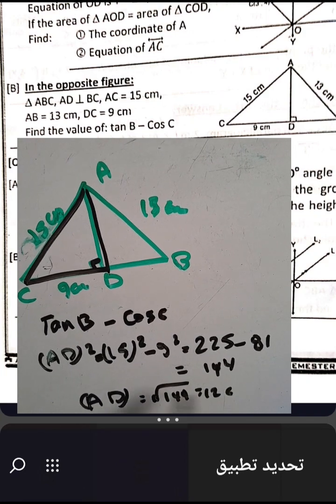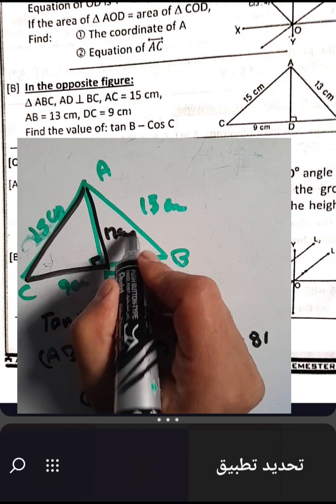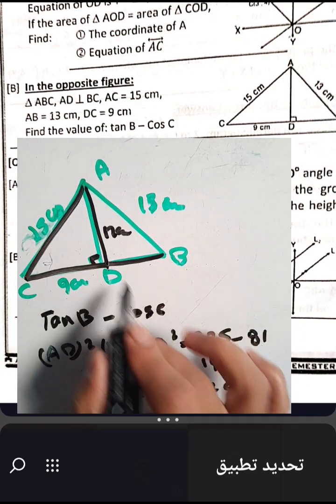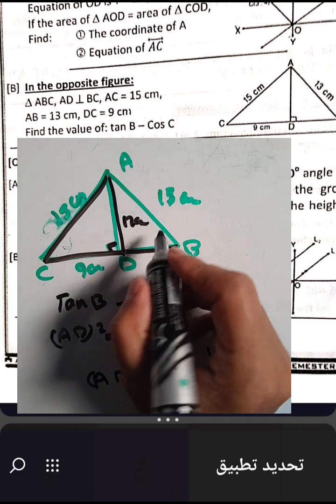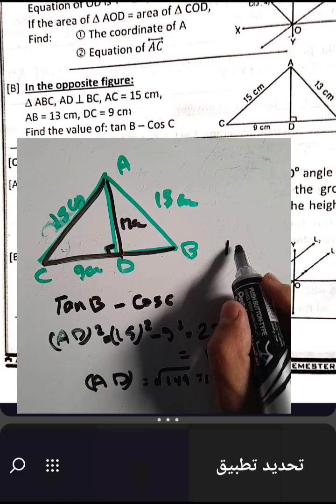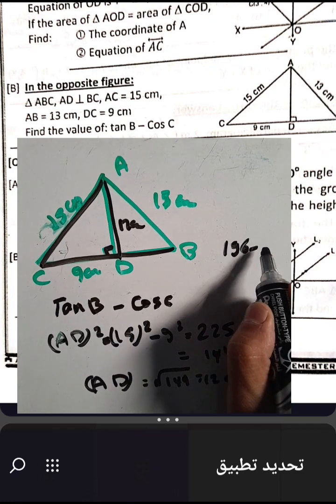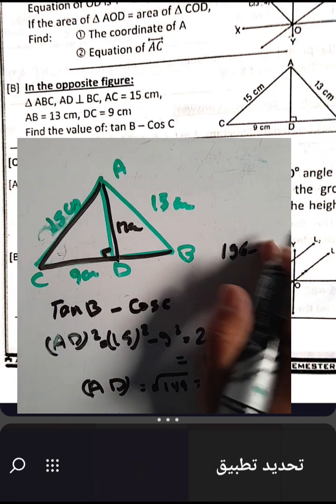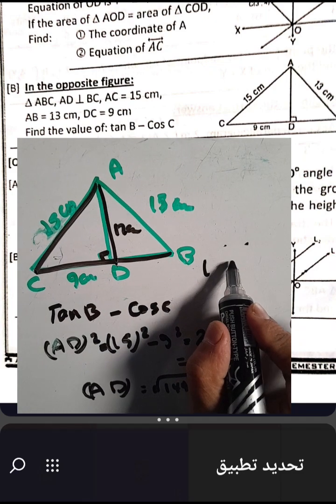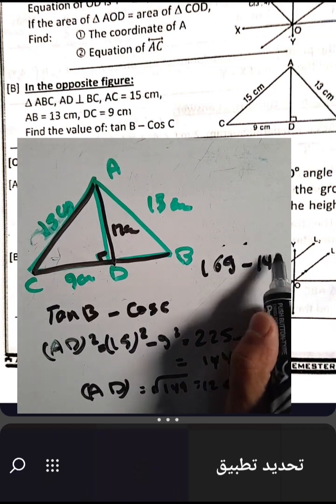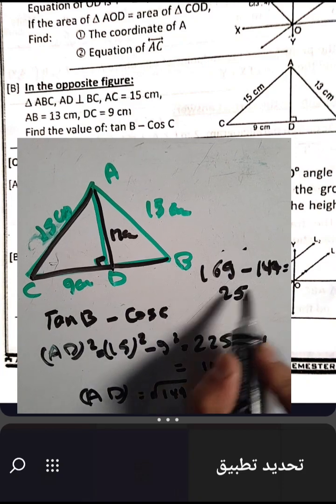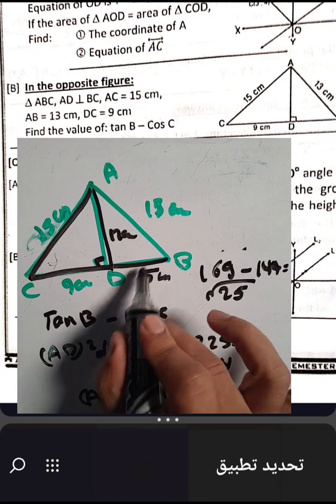It will be 12 centimeter. And then you can find this length: 13 power 2 subtract 12 power 2. It will be 169 subtract 144, the result will be 25. Square root of 25, it will be 5 centimeter here.